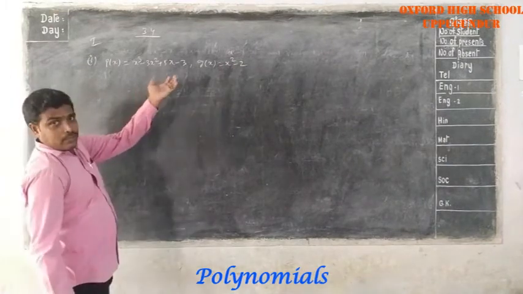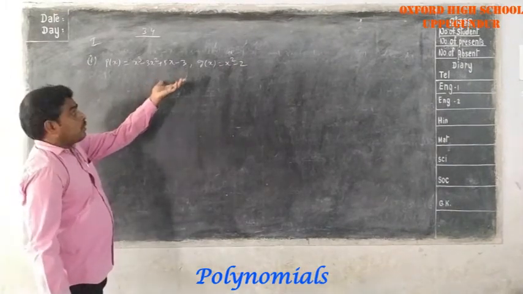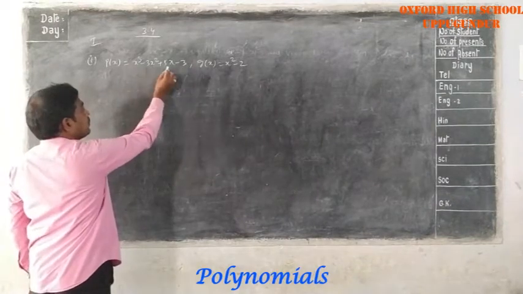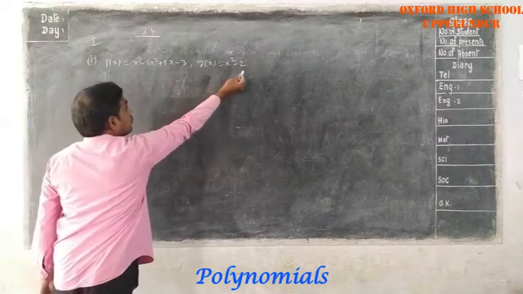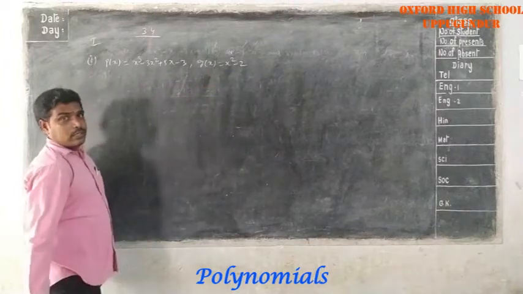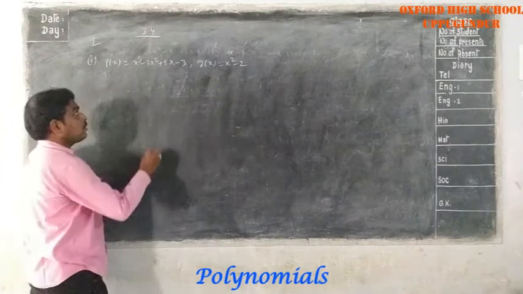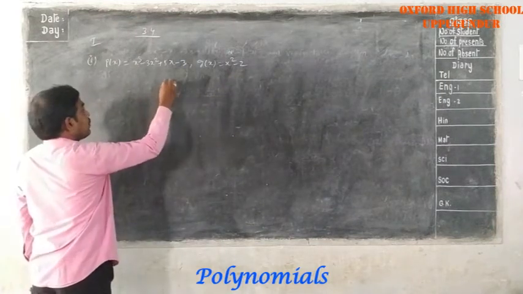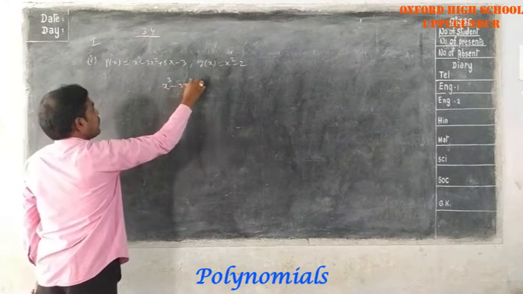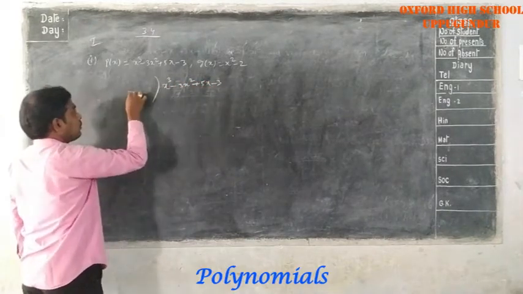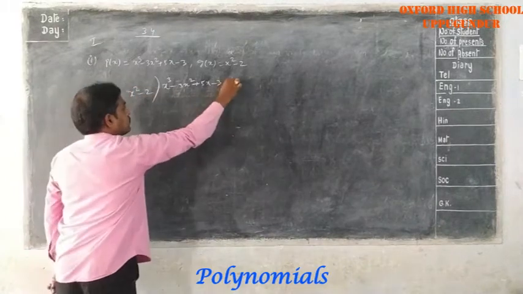So first you have to check whether the given polynomials are in descending order based on their degree or not. Degree 3, degree 2, degree 1, degree 0, degree 2, degree 1. So these are in descending order. Here constant means degree is 0. So x cube minus 3x square plus 5x minus 3. This you have to divide with x square minus 2.